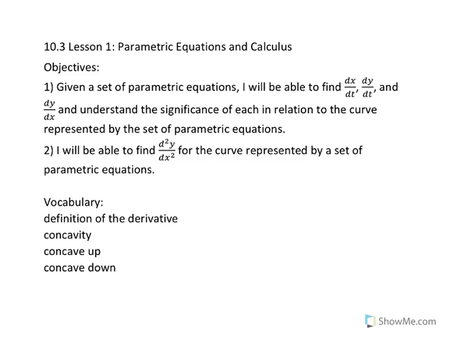When you look at objective 1, given a set of parametric equations, for example, the set of parametric equations we just looked at, and we're stating that that set of parametric equations will represent the motion of an object in the xy plane. So if we are to find dx/dt and dy/dt and dy/dx, what will these tell us about the object's motion?